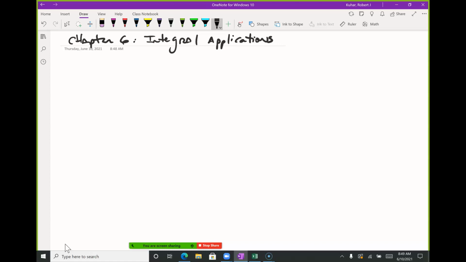All right? But it turns out that area could be many things. It could be a force in physics. Okay. It could be a volume in biology, a volume of bacteria. It could be a probability for computer scientists.